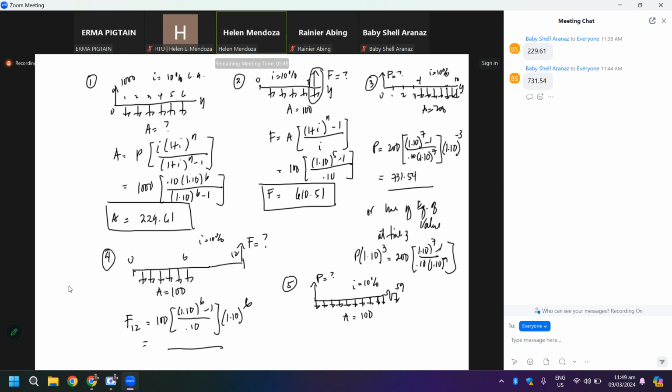Volunteer po. Sinong magsasabi kung paano isa-solve? Wait lang, ma'am. Paano po ang ginawa mo, Miss Aranyas? Ay, dito ma'am ako nagsagot sa 4. Sa 5 po ba? Opo. Yung 5. Paano po sasagutan? Pakigawa po sa papel.